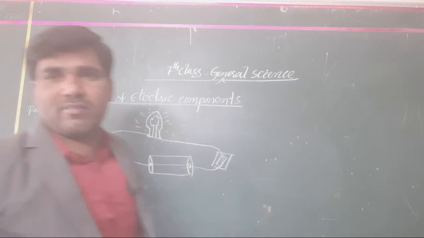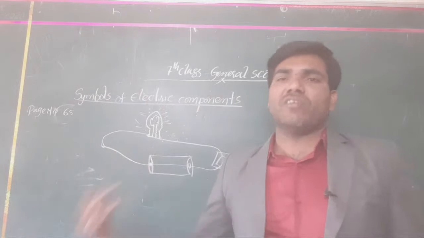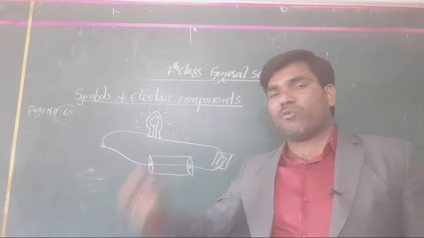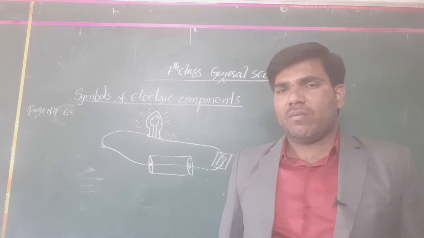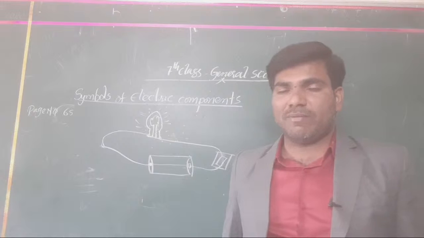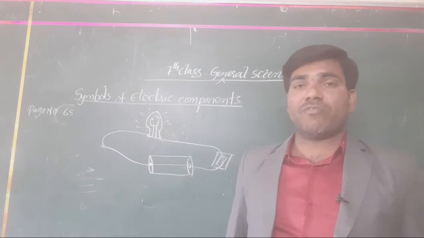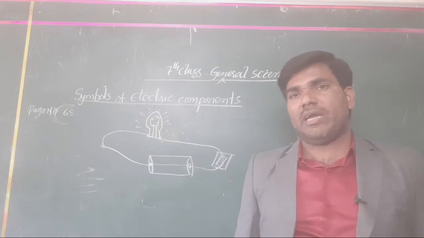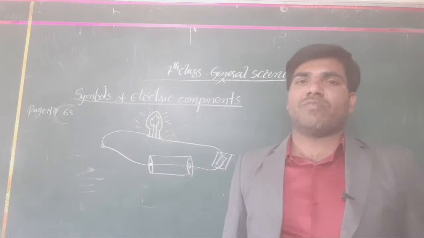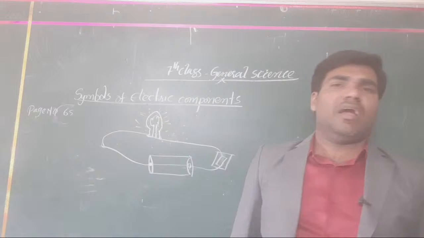In case a number of bulbs, a number of switches, and a number of sources are available, how can you draw them? It is possible to draw like this every time. In our home, suppose there are a number of electricity consumers: TV, your mobile, as well as a fan, refrigerator, lights, so many electrical consumers.